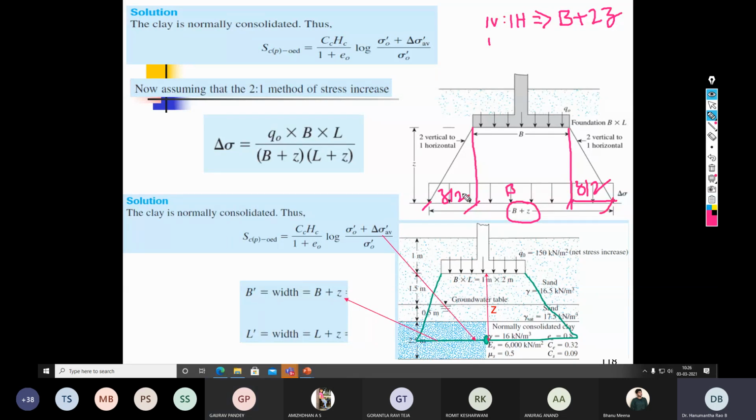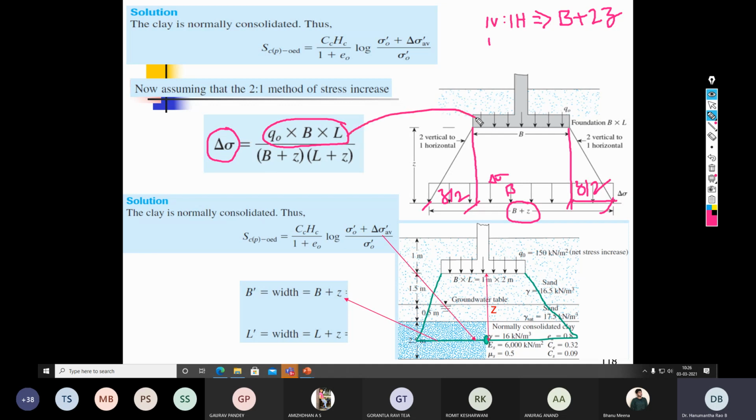And this is the equation for calculating the delta sigma. That is load upon area. Here Q naught is a stress. Stress is converted into load by multiplying by the width and length, the whole area.